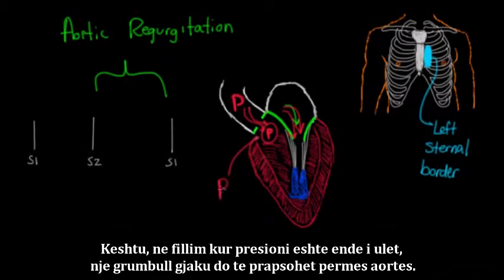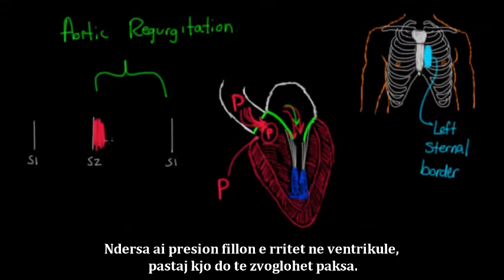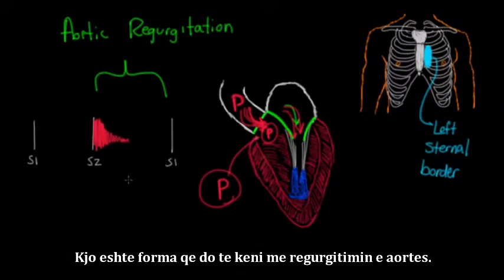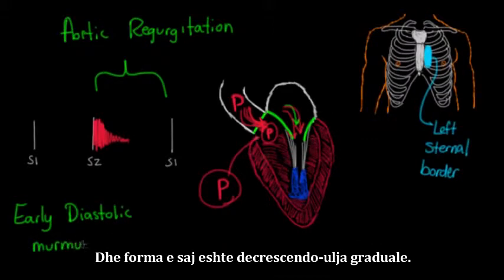At the beginning, when the pressure is still little, a bunch of this blood is going to come back through the aorta. And so you get this very intense part of the murmur that I've drawn. And as that pressure gets a little bit bigger in the ventricle, this is going to kind of diminish. This is the shape that you actually get with aortic regurgitation. And this is called an early diastolic murmur. It's happening in the beginning of diastole, and its shape is decrescendo.